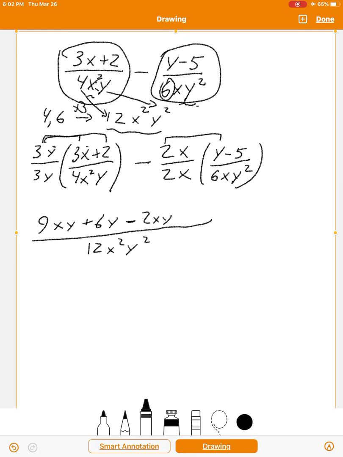Then we have 2 times x times y. And then just be careful here, it's minus a minus, so it's 2x times 5 is 10x, plus 10x, right? Because 2 times 5 is 10, and it's a minus, which is plus. And then you just combine like terms if there are any. So here there are, oops, let's come back over here and erase that.